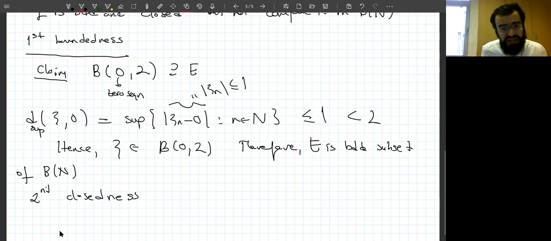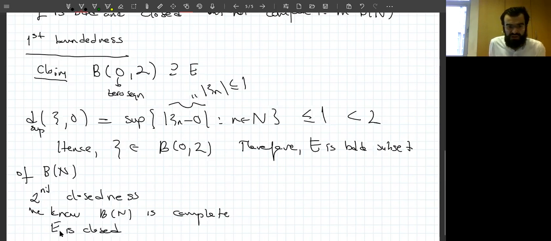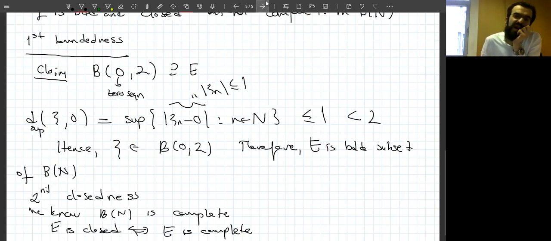Closedness. Okay, we know our ambient space of bounded sequences is complete. It means E is closed if and only if E is complete. We will show that E is a complete metric space, and hence we conclude that E is closed.